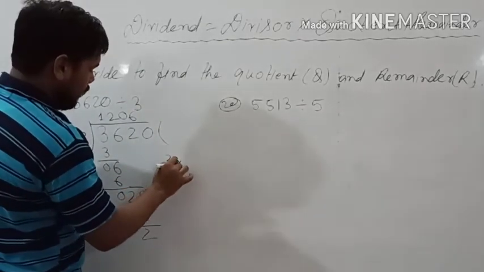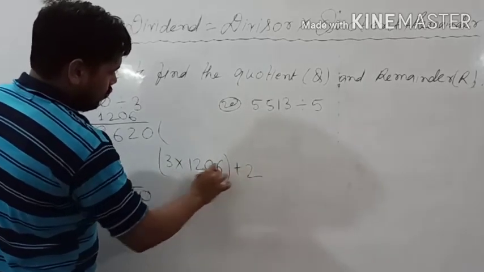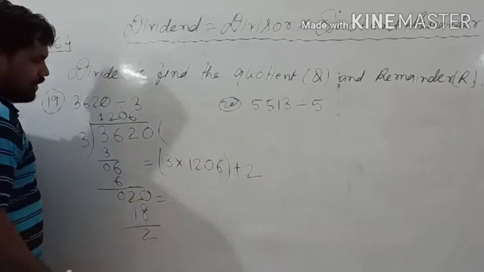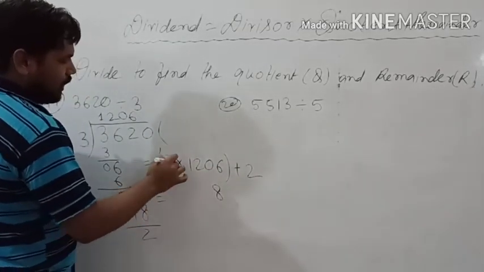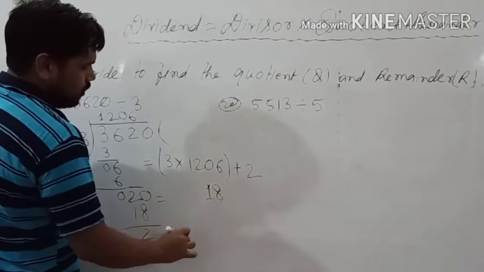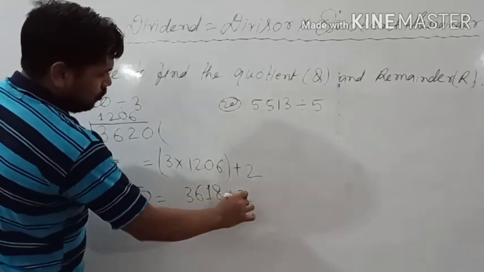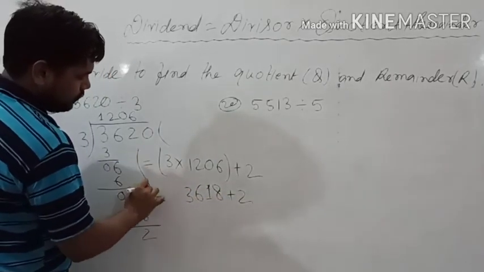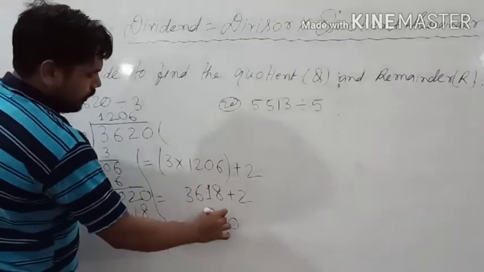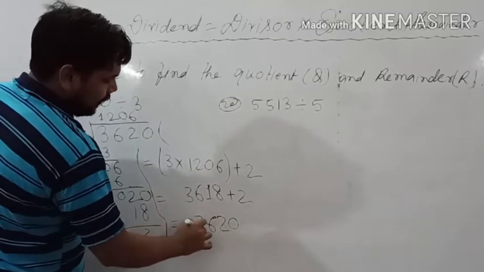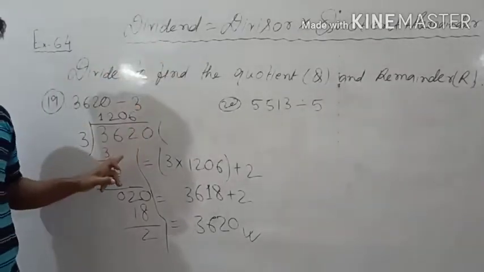So 3 multiplied by 1 2 0 6, and after that we have to add 2. 6 threes are 18, 8, 1 carry; 3 zeros are 0, 1; 3 twos are 6; 3 ones are 3; plus 2. 8 plus 2 is 0, 1 carry, 2, 6, 3. So 3620, 3620. Have you got the dividend? 3620.